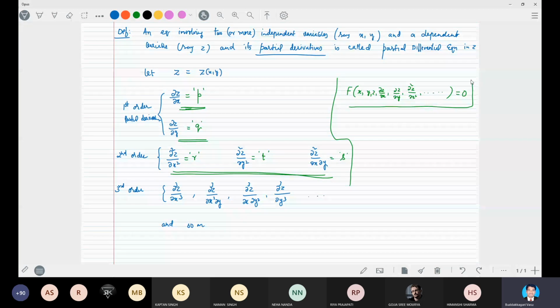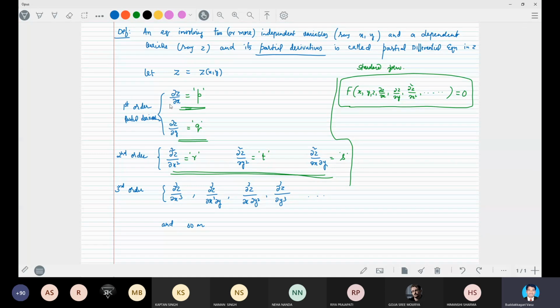This is the standard form of the partial differential equation.